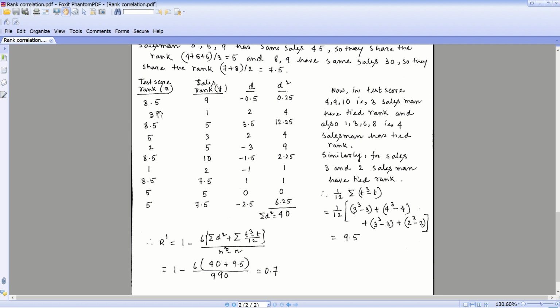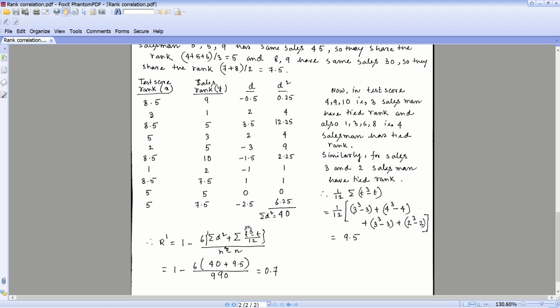You can see from this table also that the 8.5 value is there 4 times, so T will be 4. Now the 5 value is 3 times, so T will be 3. For rank Y, the 5 value is 3 times, so 3, and the 7.5 value is 2 times, so 2. No other values are tied, meaning repeated.